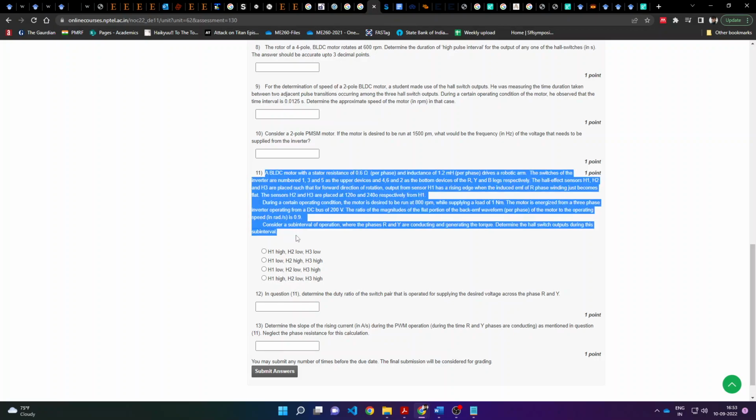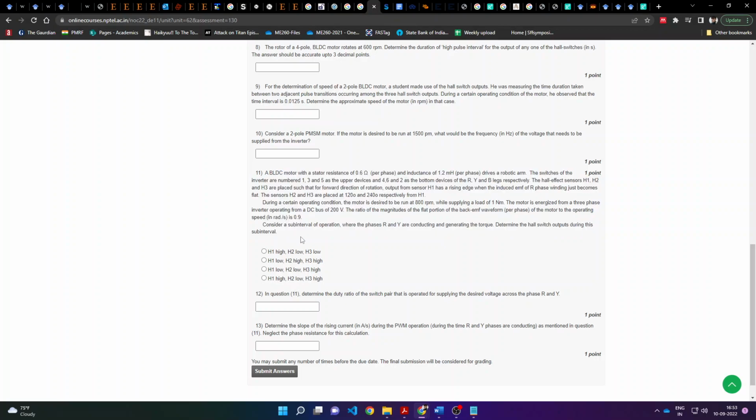Questions 11, 12, 13. A BLDC motor with a stator resistance of 0.6 per phase, inductance is this much, drives a robotic arm. The switches of the inverter numbered 1, 3, 5 are the upper devices, and 4, 6, 2 are the bottom devices of R, Y, B legs, respectively.